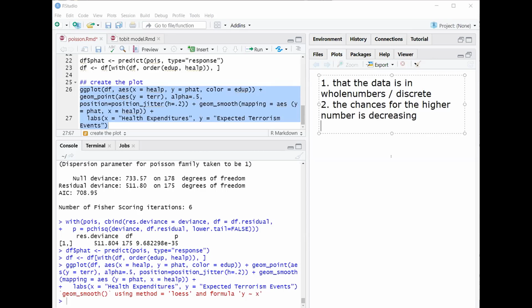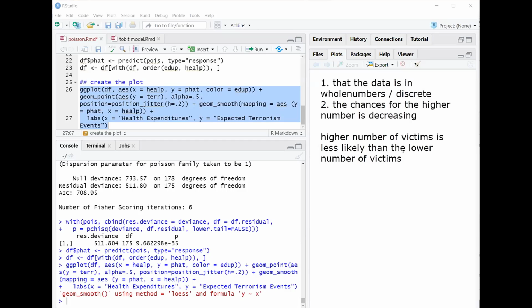So this is the terrorism event. A higher number of victims is less likely than a lower number of victims. Since these two properties, 1 and 2, exist here, that's why we use the Poisson distribution.